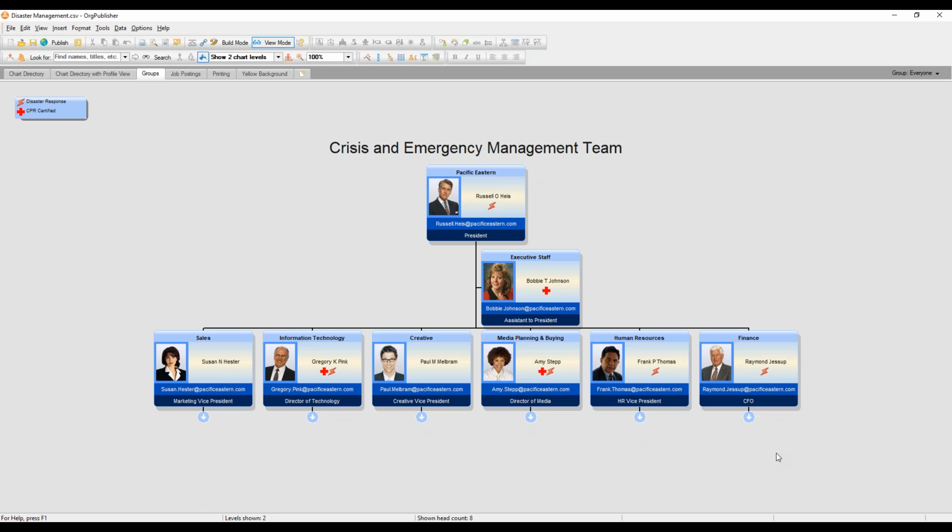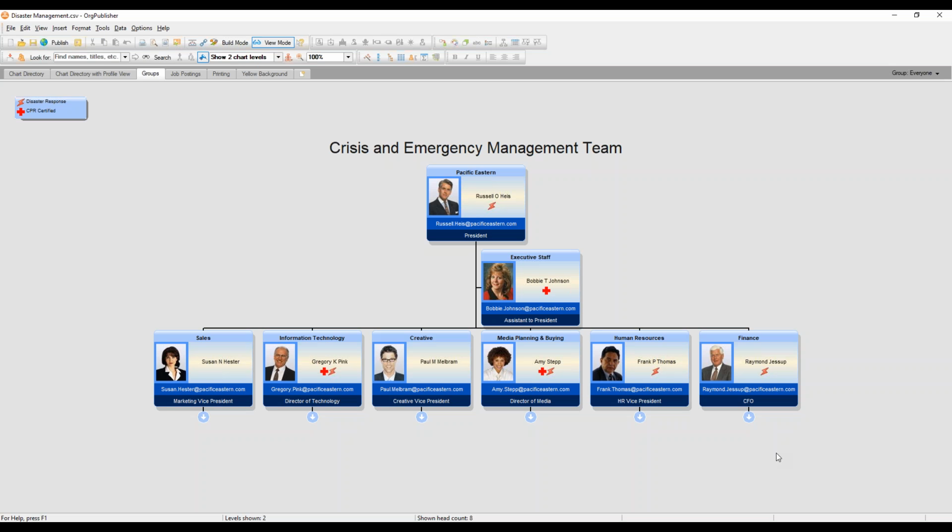And for those of you who have been on some of our earlier webinars, you'll remember that we've talked about the great value in having an automated org chart in your organisation. And so the chart that we're looking at typically would represent a chart that's automatically published every day.